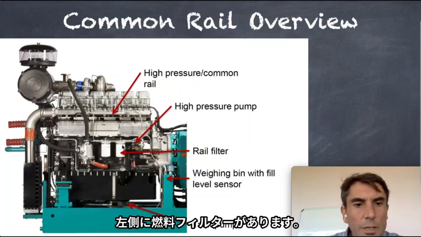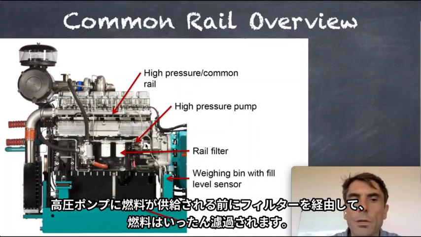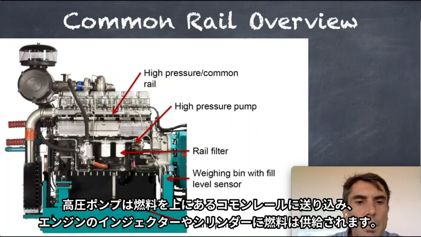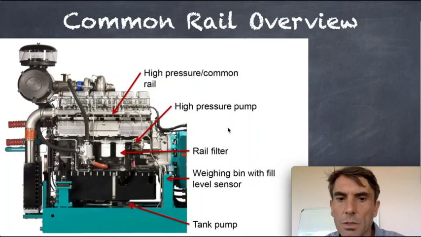Next to the high pressure pump on the left, we have the array of filters that filter all the fuel before it goes into the high pressure pump again. And from the high pressure pump, it goes up to the common rail, where it gets distributed to the separate injectors and cylinder heads of the engine. Let's jump to the next slide.